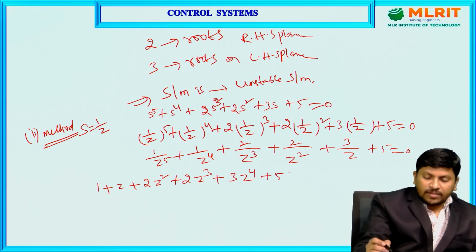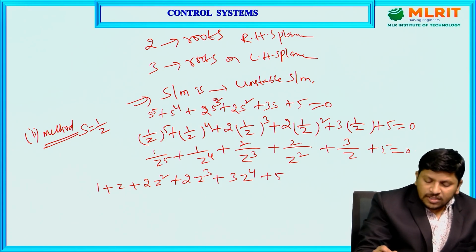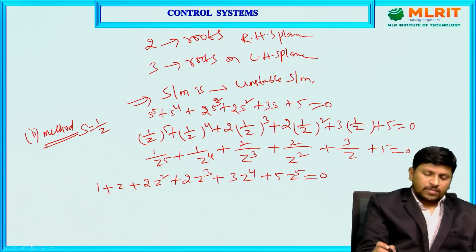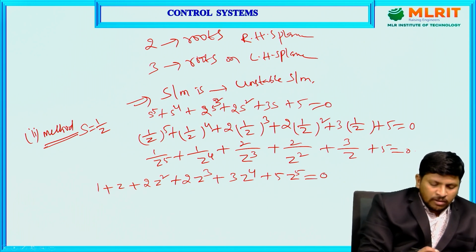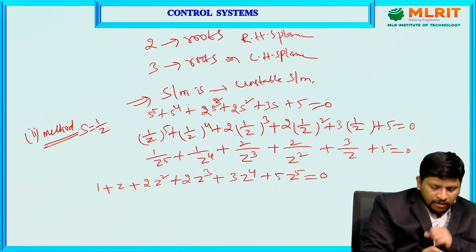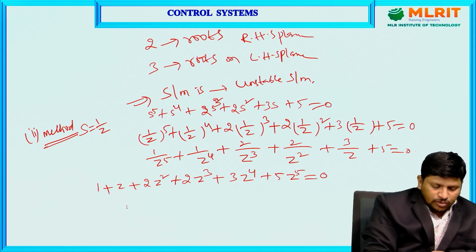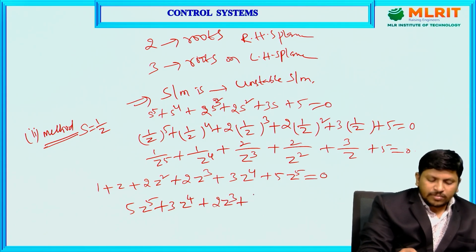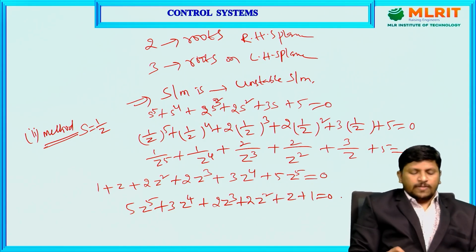Plus 5 times Z power of 5, that is equal to 0. See here, the final equation in terms of Z is 5Z power of 5 plus 3Z power of 4 plus 2Z cube plus 2Z square plus Z plus 1, that is equal to 0.